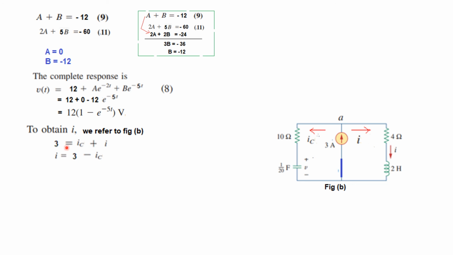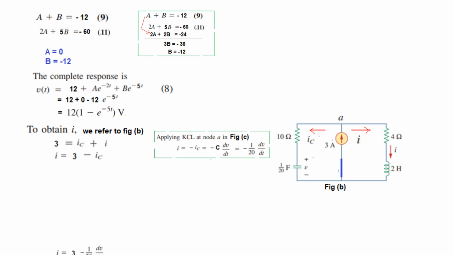So 3 is equal to iC plus i, or i is equal to 3 minus iC. Applying KCL at node A in the figure, we had found this relation. So for iC, it is 1 over 20 dV/dt.